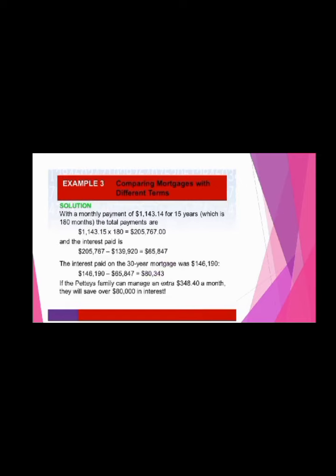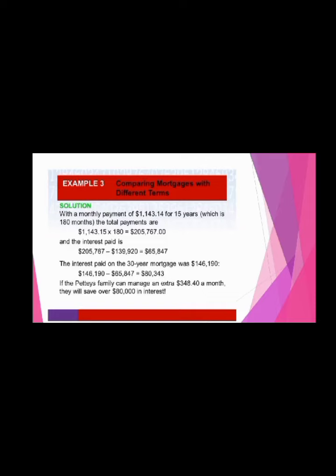So, with a monthly payment of $1,143.15 for 15 years, which is 180 months. So, ang 15 years is nag-consist of 180 months. The total payments are 1,143.15 times 180. So, ang 180 months is equals to $205,767.